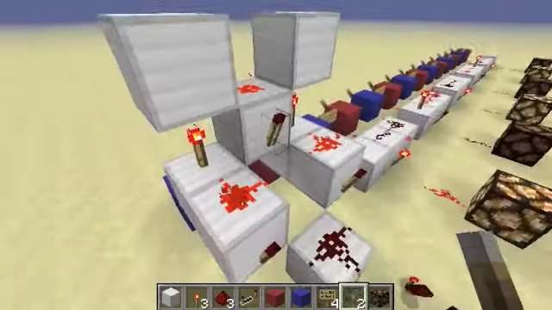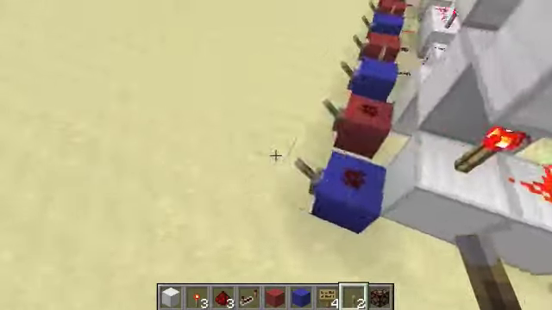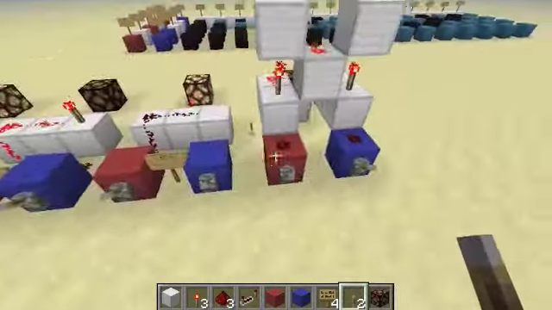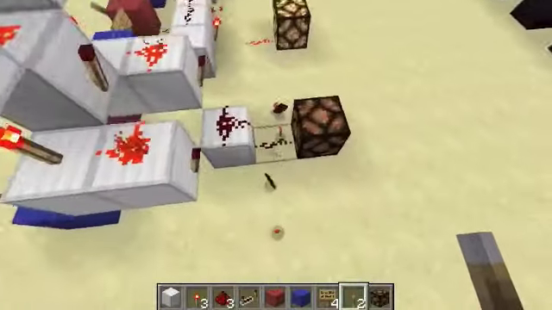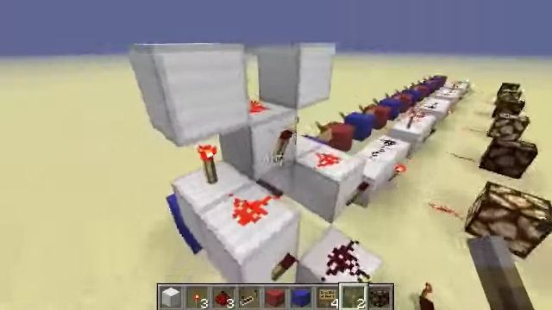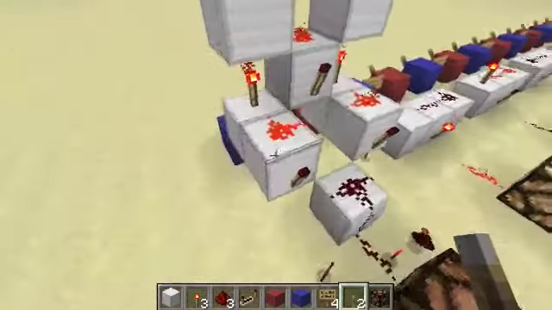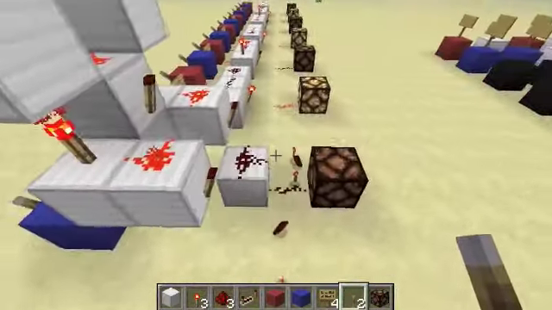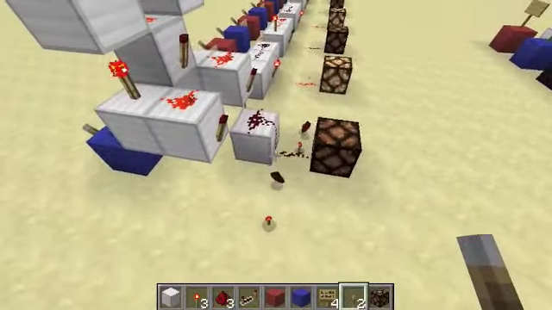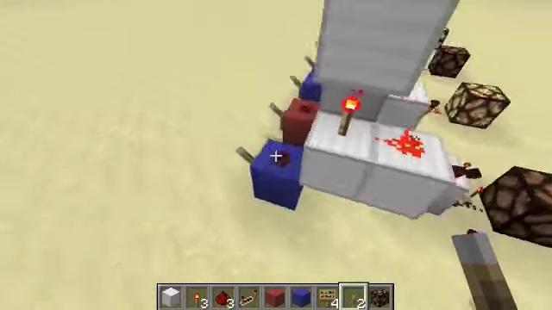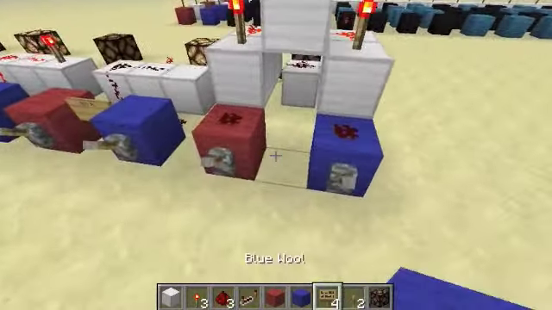So it's 1 tick, 2 tick, 3 tick. So this is 3 ticks, and you want to optimize your components. So this will not do if you're really going for speed, but it's sort of in line with the designs I'm using right now for symmetry. But anyway, so this is XOR.